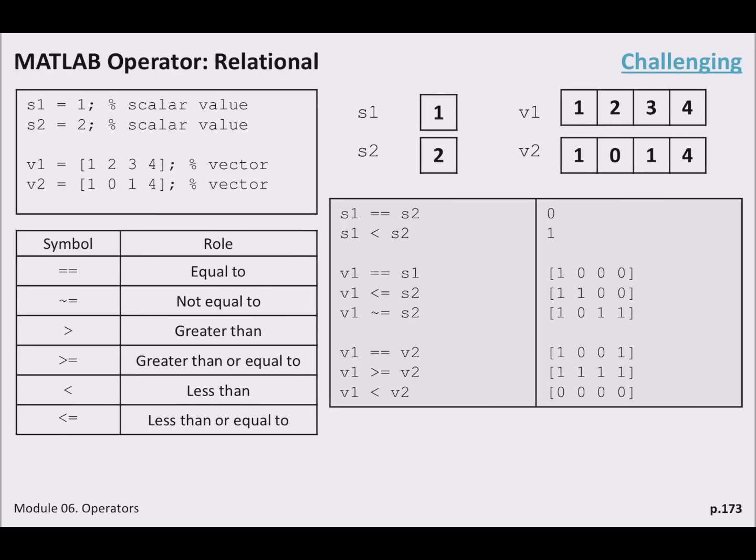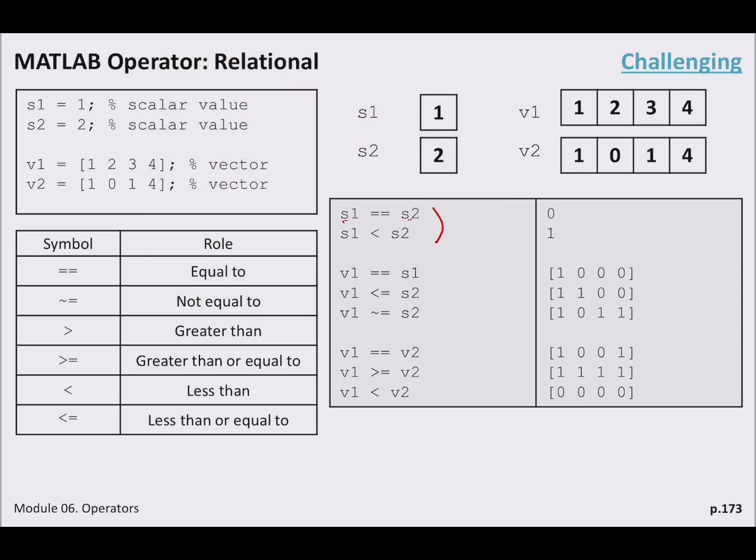Okay, this is a real game. So we learned about the relational operators, right? This operator compares two scalar values and says larger, less, equal to, or not equal to. But we can also use this operator between a vector and a scalar. Okay, this is what we learned, right? Scalar and scalar.